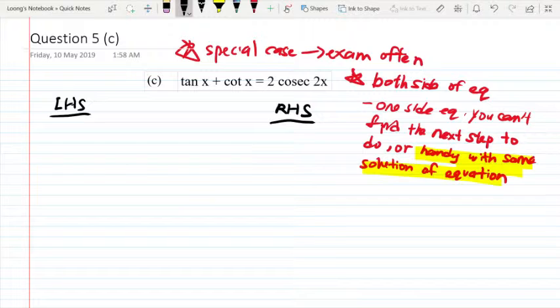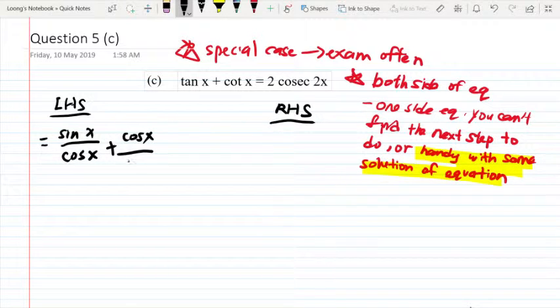So the left hand side, you could just start from sine x over cos x plus cos x over sine x, as it was tangent x and cot x.